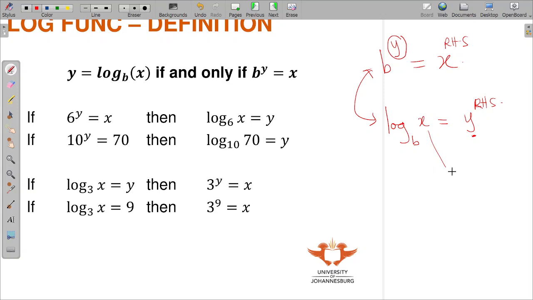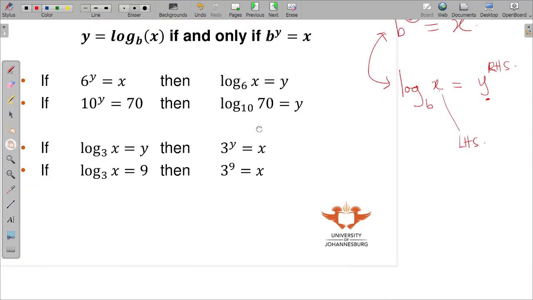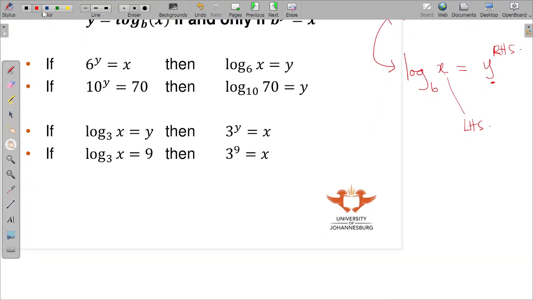This is the power, which becomes the right hand side of the log equation, while the value on the other side becomes the log here. That is how to change from exponential function to logarithm function.